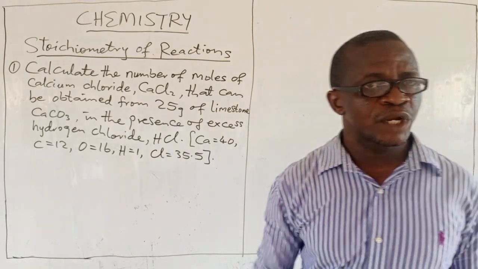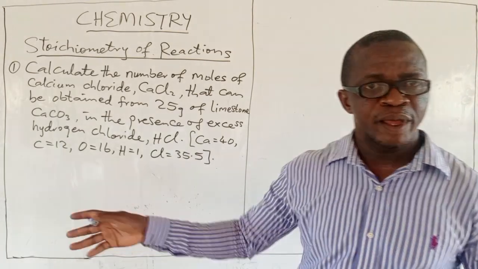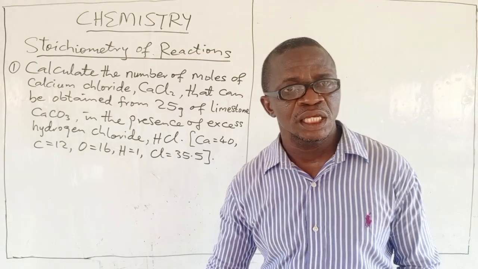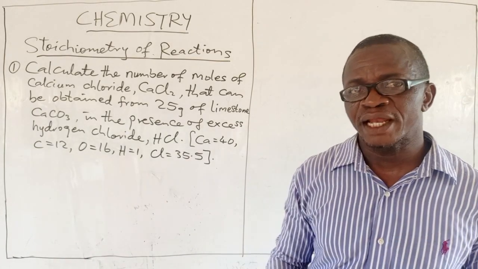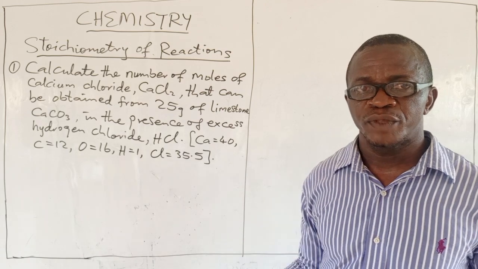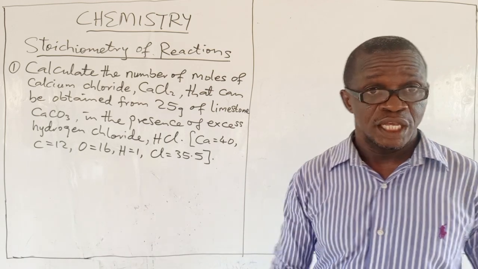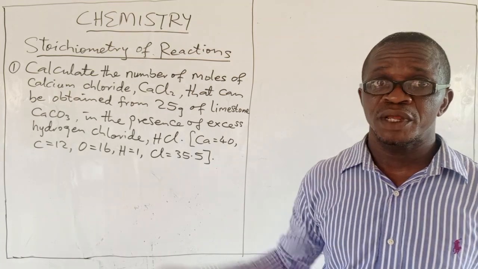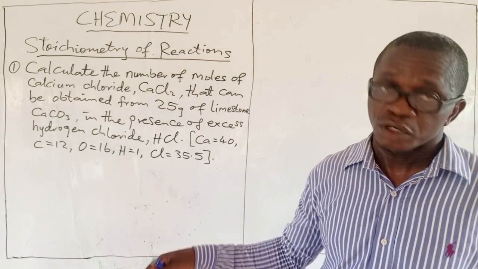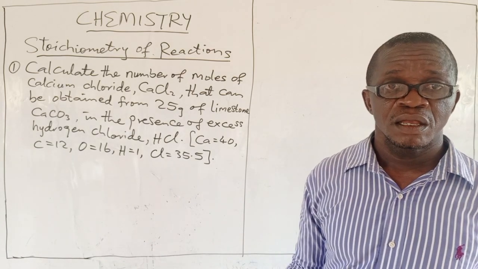Without the correct formula, you will not be able to solve the problem. Remember that I told you earlier today that without a balanced chemical equation, you cannot solve this problem either. In some cases they can give you the equation, in some cases they may not.